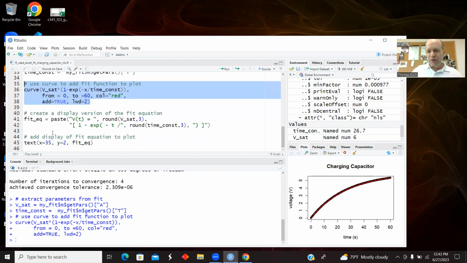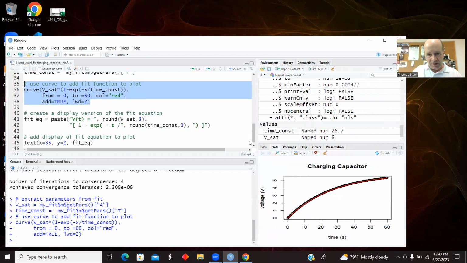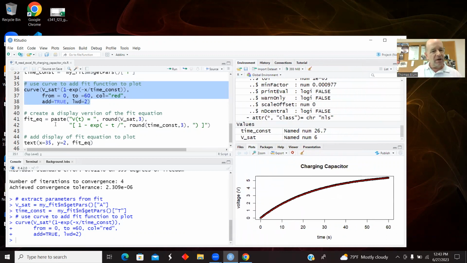All right, I want to display, I'm going to make a little bit more room here. Okay, I want to make an equation to be displayed. So I'm just writing out my expression with these numbers pasted in. So I'm using paste, which sort of concatenates together a bunch of strings. So I'm saying v of t equals, and then I'm using that v number, and I'm rounding it to 3 decimal places.